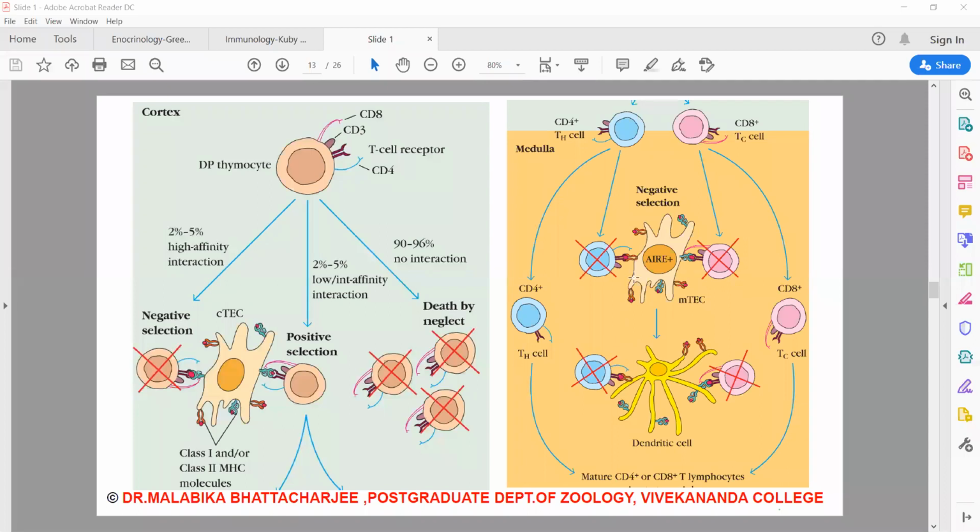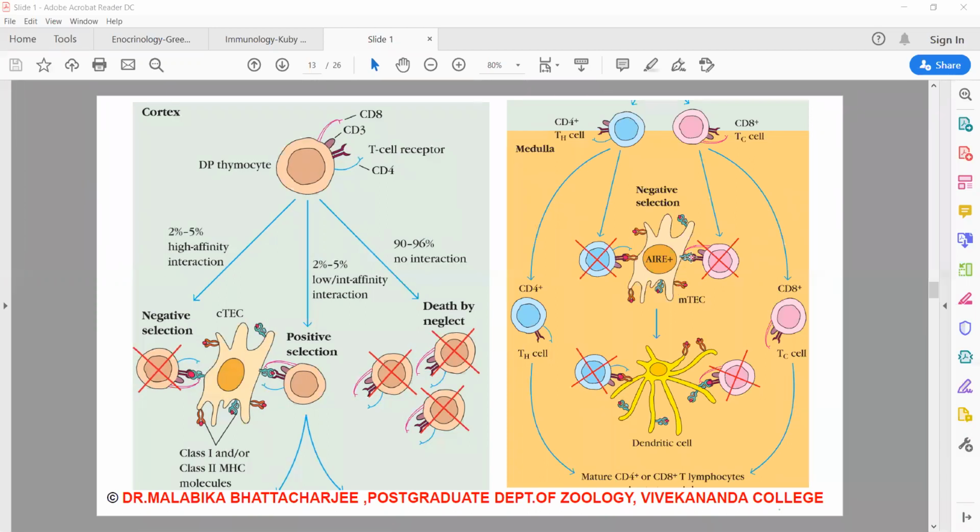So what does this medullary epithelial cell do? These cells try to express almost all the variety of antigens found in all the tissues of our body as much as possible. So it usually expresses all the variety of self antigens that are possibly present in our body.